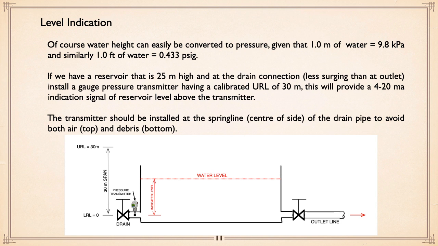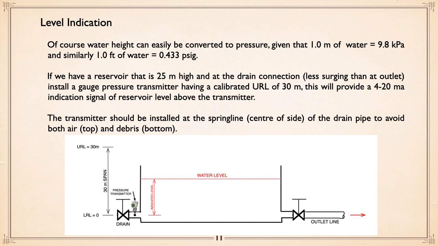The drain connection, short of draining, should be nice and steady, but it is a fairly large chunk of pipe that you're getting your values from. So that is a good place, and very often has a vault around it. That is a good place to have your pressure transmitter, which in this case is a level transmitter, effectively. Okay?